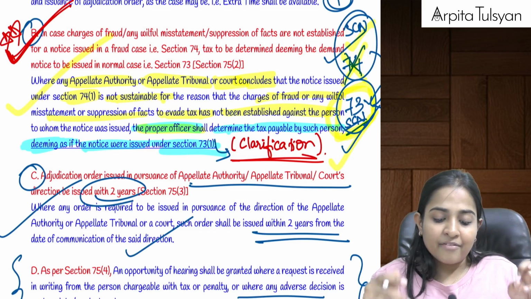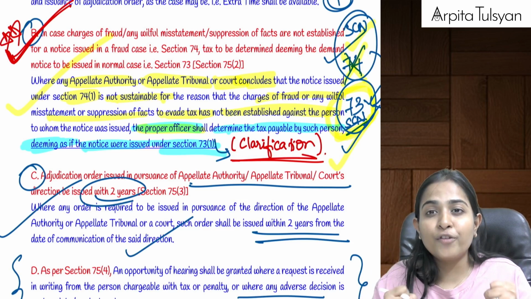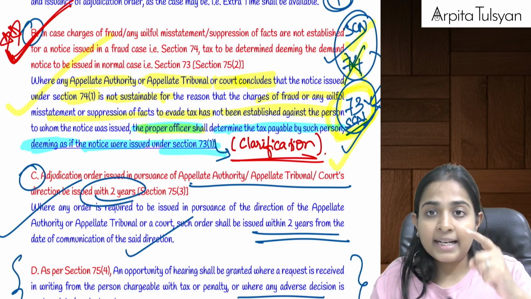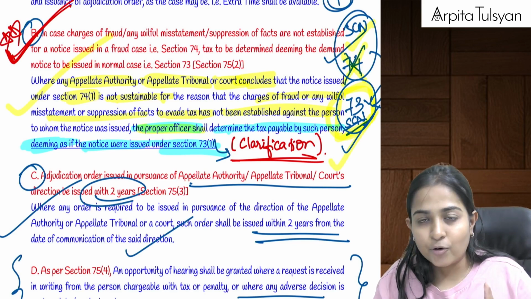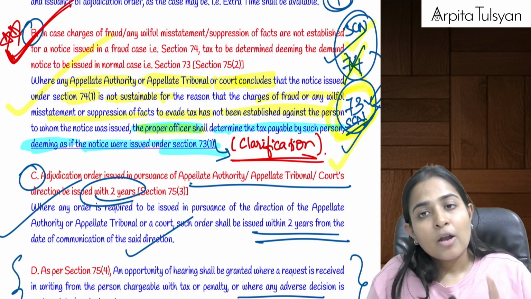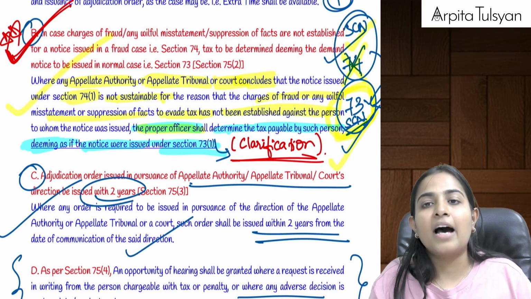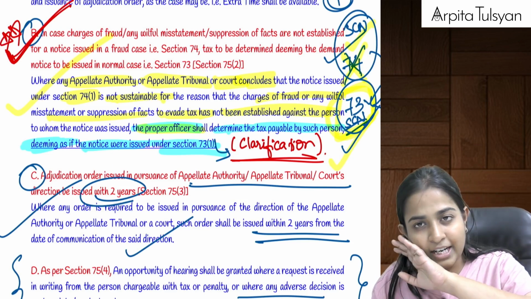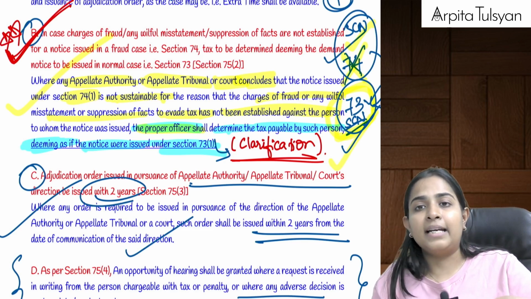See, can we say this is kind of a forceful provision that has been made applicable on us by the department? First, they told that this is a show cause notice under section 74. Then we fought for it. Appellate authorities gave the decision in our favor that this is not a case of fraud. Therefore, this should not come under 74. Still, the department is telling, okay, fine, no problem.